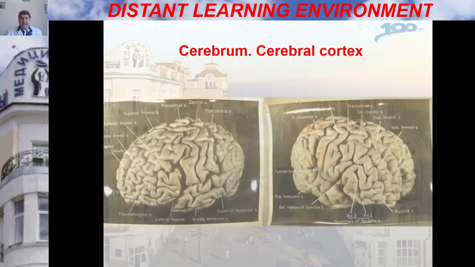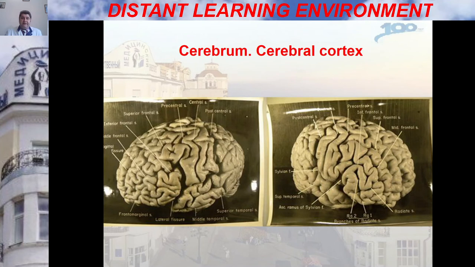So, next we'll talk about the cerebral cortex in detail. You may see this photograph. This is Einstein's cortex, Einstein's brain.